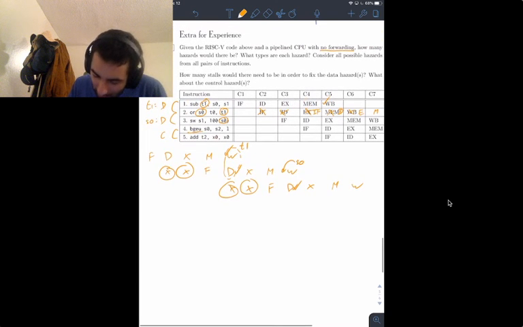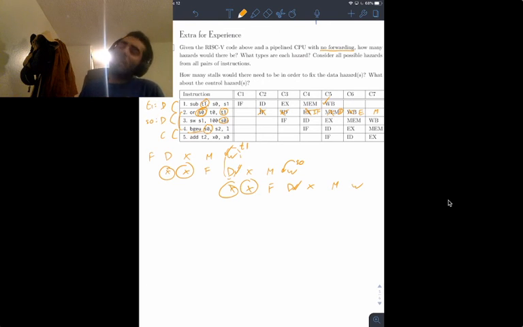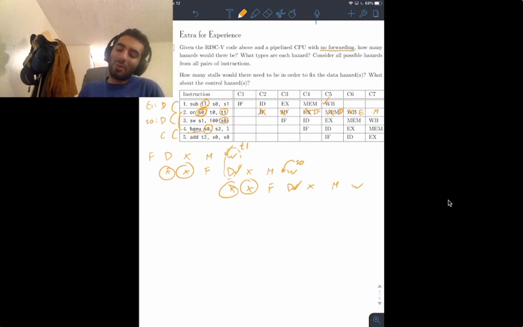So one thing is that some people might argue that there's actually a hazard between instructions 2 and 4, between the S0 there and the S0 there. I guess you can read that as a data hazard. I wouldn't really view it as a data hazard, in my personal opinion.